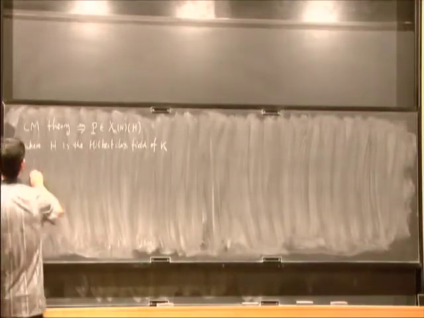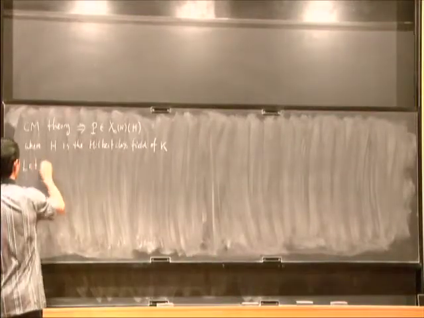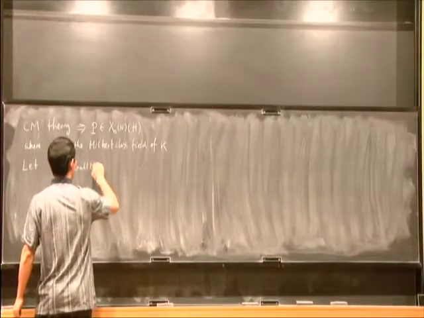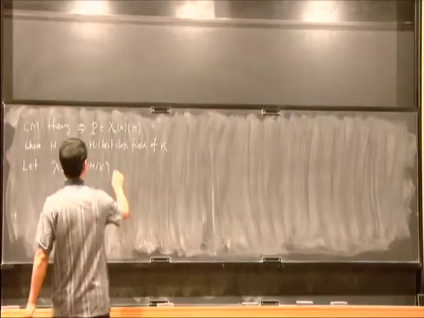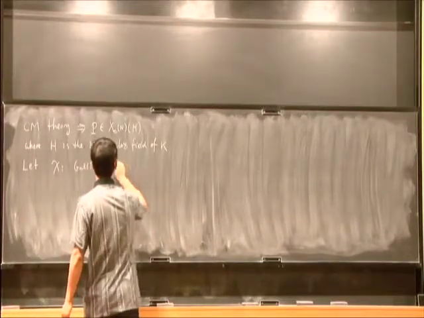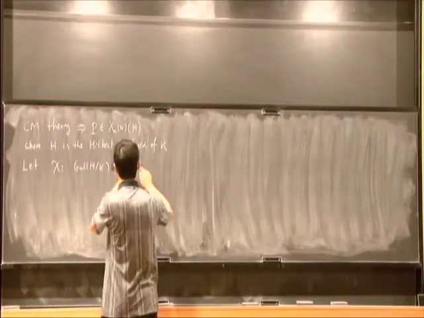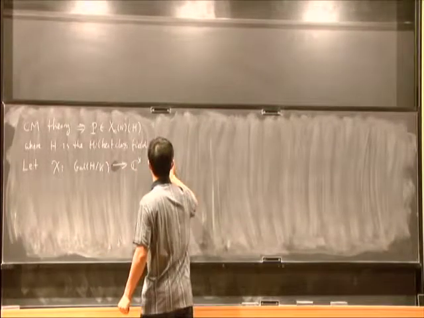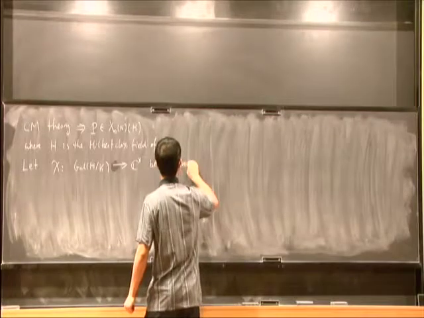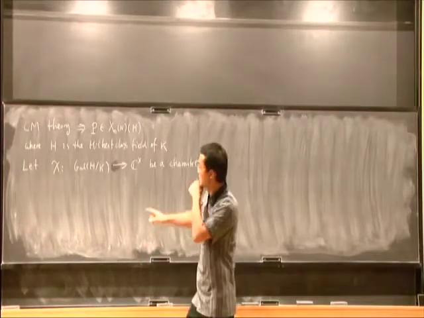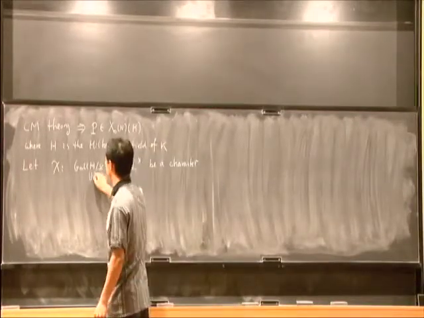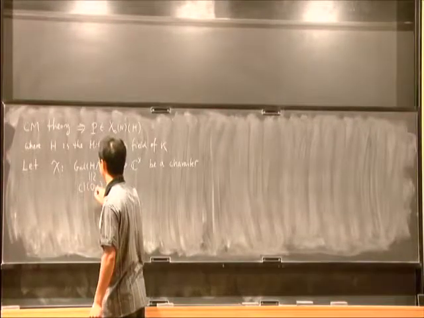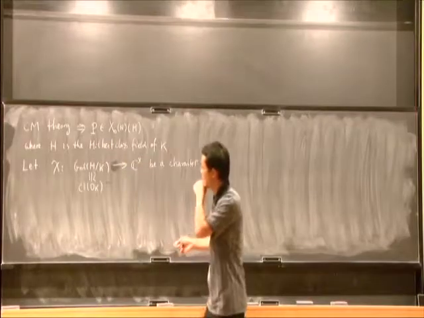So here we take a character χ. This Galois group is isomorphic to the class group of K, since it's the Hilbert class field.